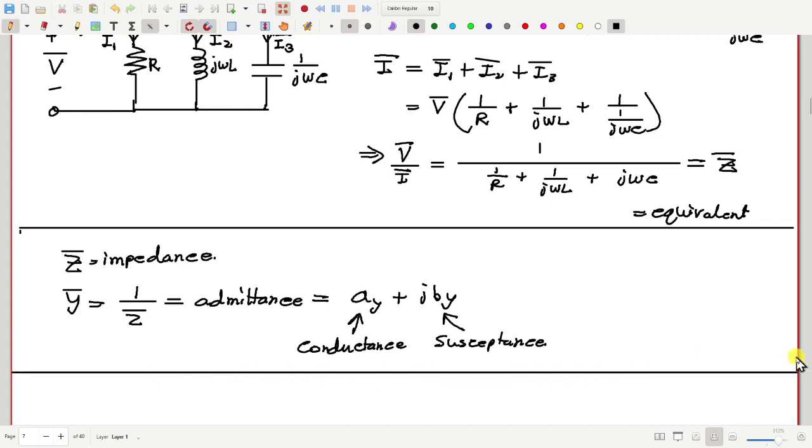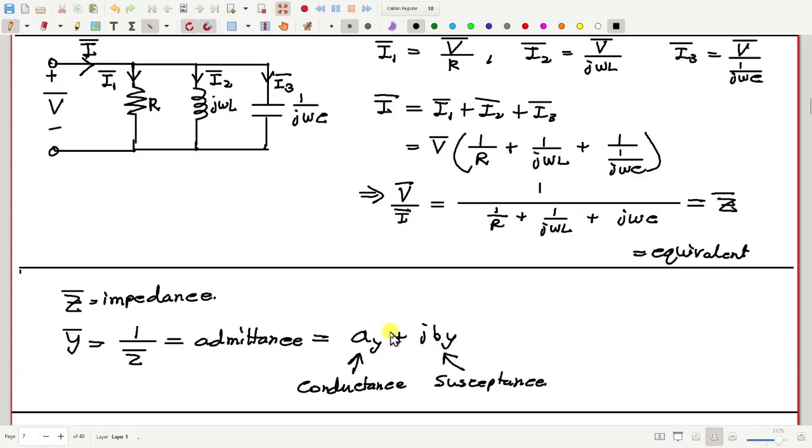Parallel LCR circuits, are they there in our syllabus? Yes, why not. So the main point here is that when we use phasor values, we can deal with AC circuits in steady state, sinusoidal, exactly in the way like DC circuits.